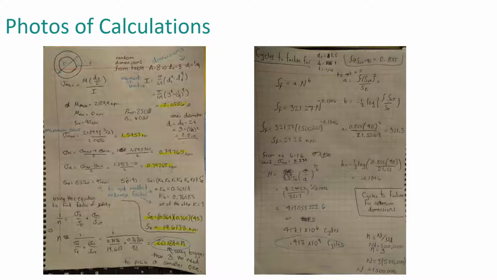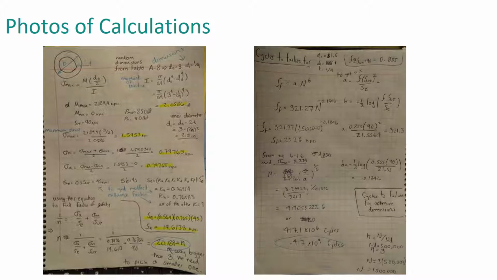Hand calculations. These hand calculations show the process to find the safety factor and the cycles to failure. On the left side, the process to find the safety factor is shown, by finding the maximum stress, the stress mean, the stress amplitude, the unmodified endurance limit, the K factors, and the modified endurance limit.